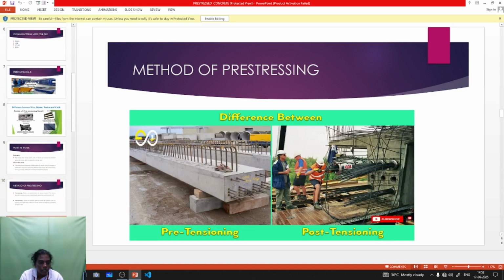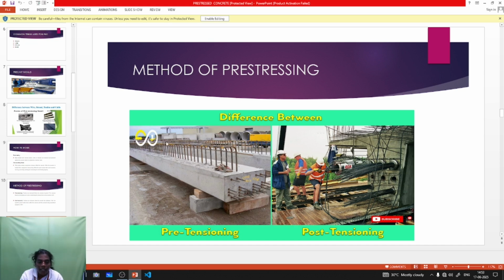Next, the difference between the methods of pre-stressing. For pre-tensioning, first induce the tension, after that concrete is poured. Post-tensioning means concrete is cast first. This is done in the field. Pre-tensioning is done in the fabrication unit. Post-tensioning is used in field site work.